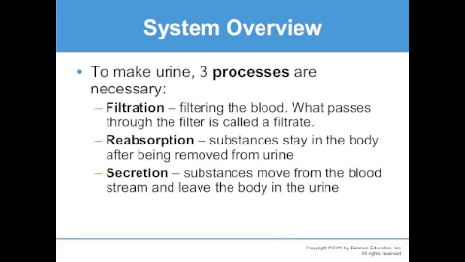Reabsorption is the process that selects substances that are needed to stay in the body after they're removed from the urine. Secretion is the last process in the production of urine. Secretion is a step in which substances move from the bloodstream and leave the body in the urine.